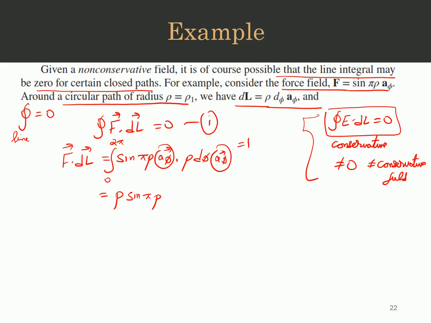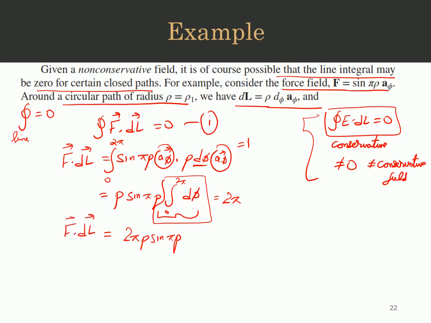Let us use the same value, and then the integral will always be from 0 to 2 pi for d phi. So once you integrate this portion, it will be 2 pi. So my final equation comes out to be 2 pi rho sine pi of rho. This is the equation of F dot dl.